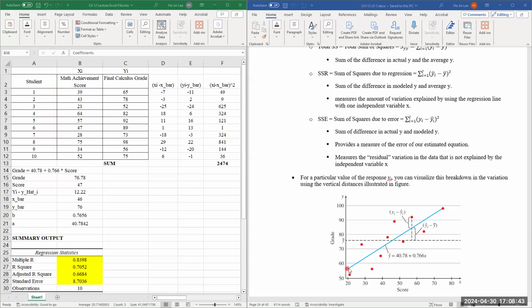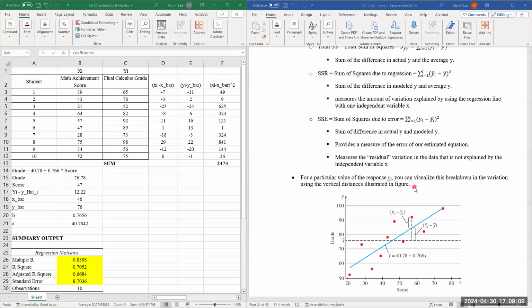This is the regression line that we estimated, that's the model we estimated. That shows you the linear relationship between the math achievement scores and the grade you get in the calculus final. So this is, for some value of x right here, okay?